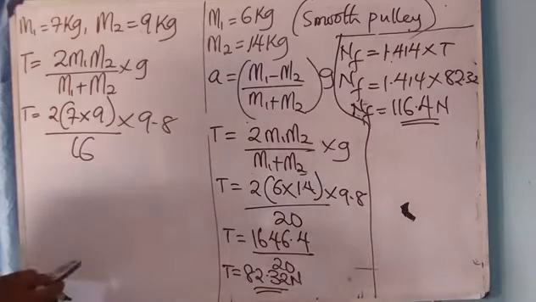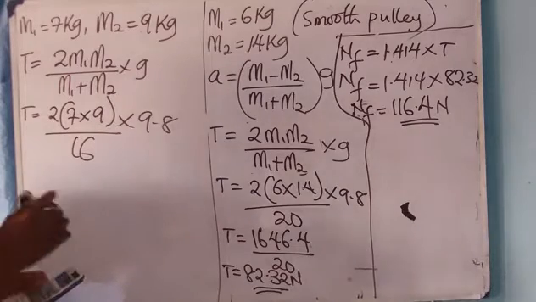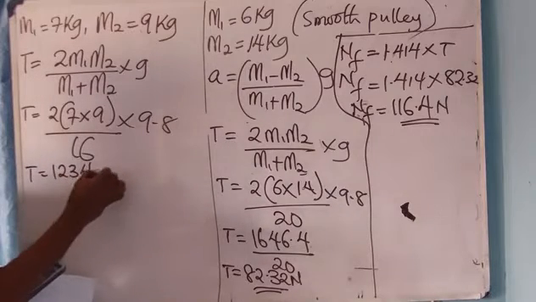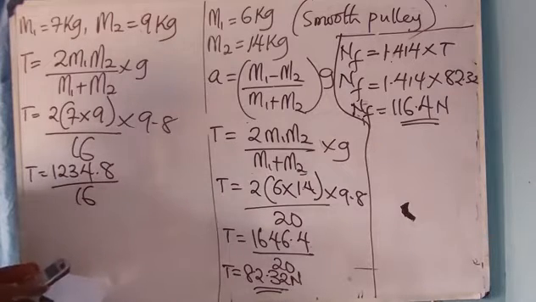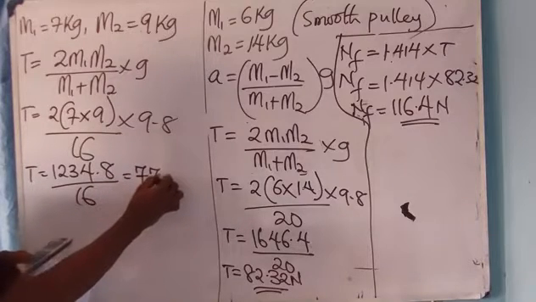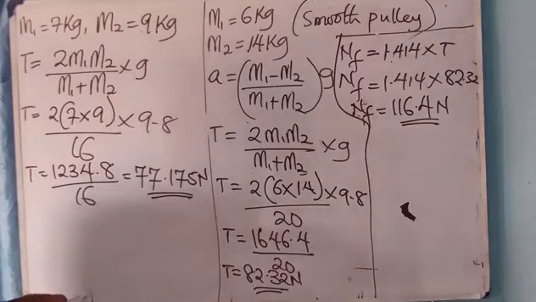So the next thing is 9 times 7, 63. 63 times 2, I have 126. 126 times 9.8, I have 1234.8 divided by 16. Divided by 16 equals 77.175 Newton. This is the tension, but we are asked to calculate the force.